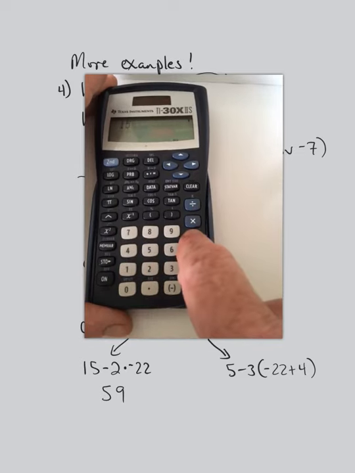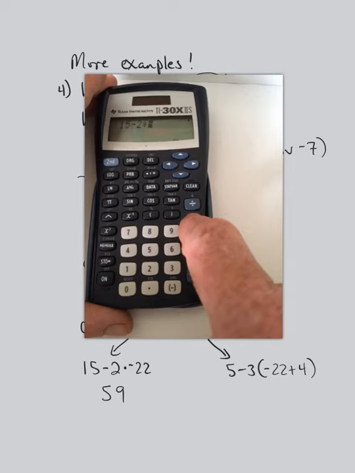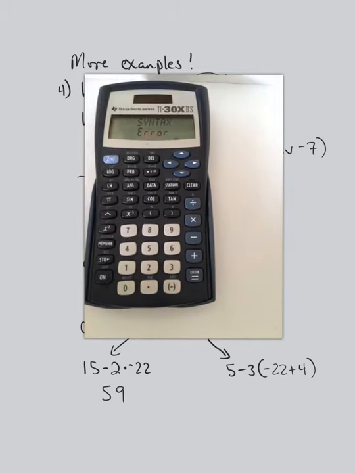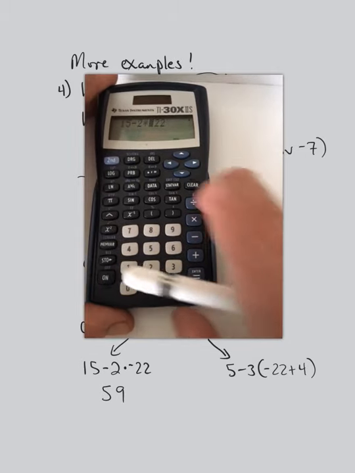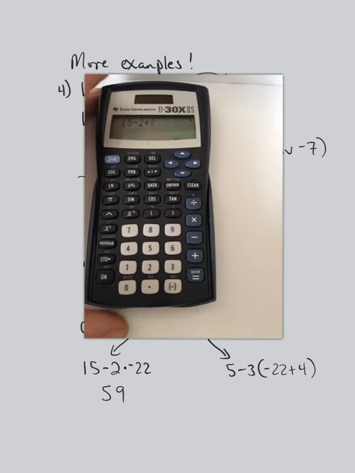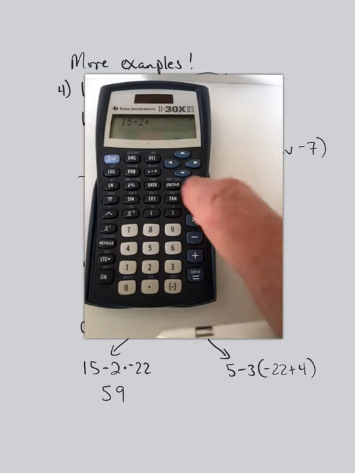So 15 minus 2 times minus 22, I'm going to get an error there too. All right, so see, you just got to be careful. If I didn't use that times symbol there, then it would end up subtracting. It would give us something that was incorrect, so we would think we were wrong whenever we were actually right.